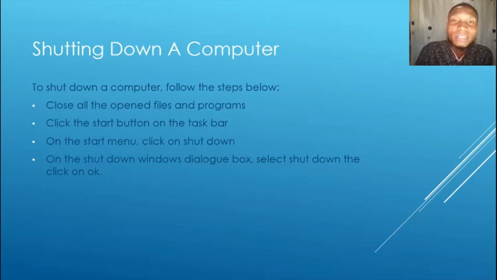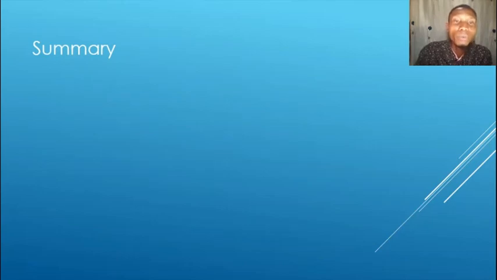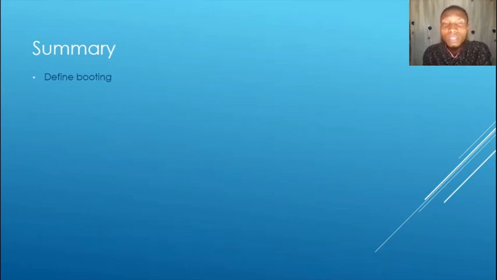Before we leave, let's do a recap of what we've learned today. First, we talked about booting. We said booting is the process it takes the computer to come on. There are two types of booting: cold booting and warm booting.